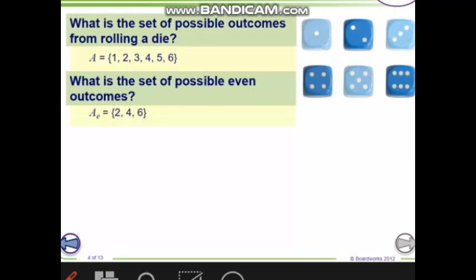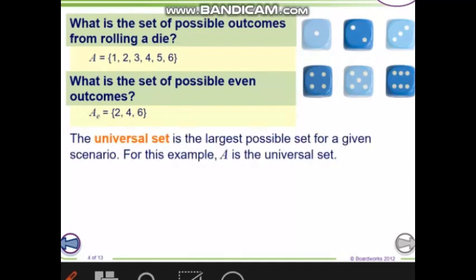Now, the largest set possible is called the universal set. Now, in our example above, this is our largest set, which is A, if we are just talking about the die here. So in A, we have 1, 2, 3, 4, 5, 6, and we have A sub E, we have 2, 4, 6.